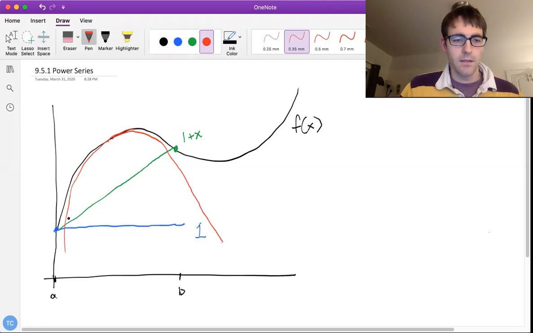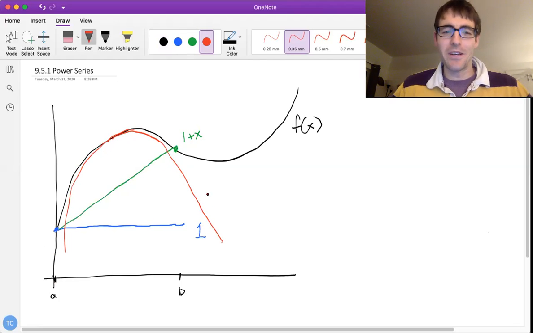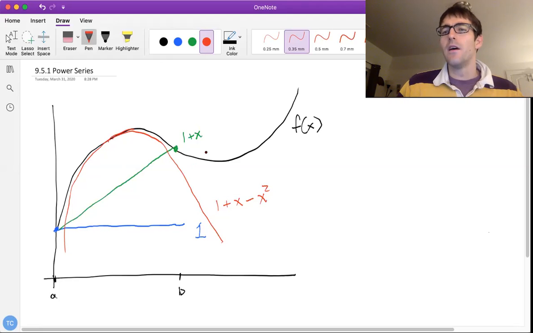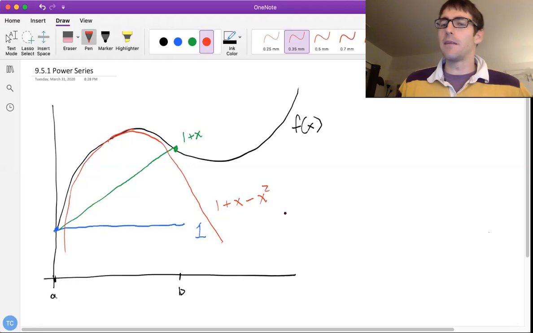So let's say, oh, that doesn't look much like a parabola, but you use your imagination a little bit. This might be something like 1 plus x minus x squared. So this is a second degree polynomial, meaning that we're going up to an x squared term.